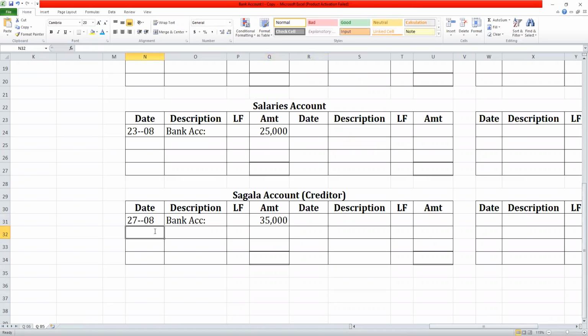And on the same day, we have received a discount. 5,000. Sagala account debit. See, on the same day, we update the payment and also the discount in the personal account of the creditor, but not in the discounts received. Okay, good.